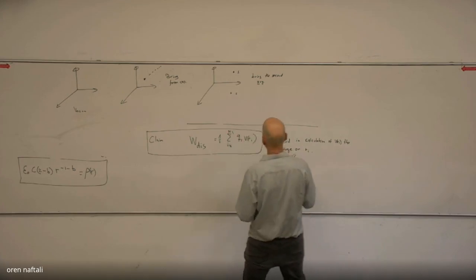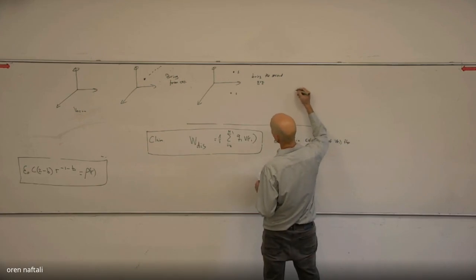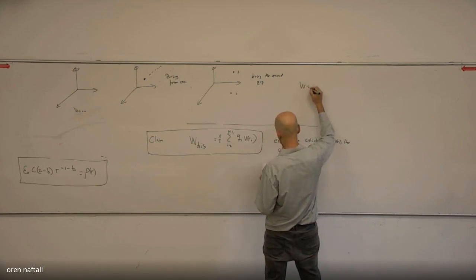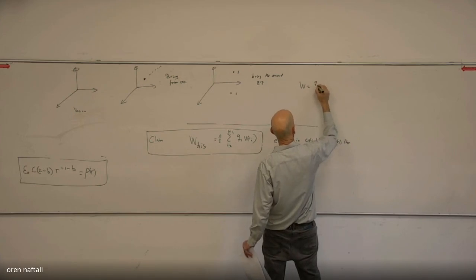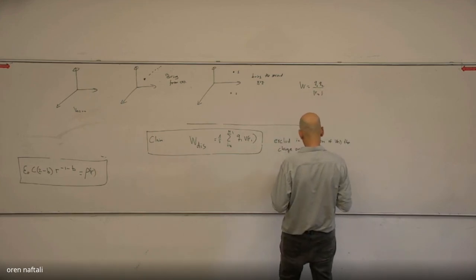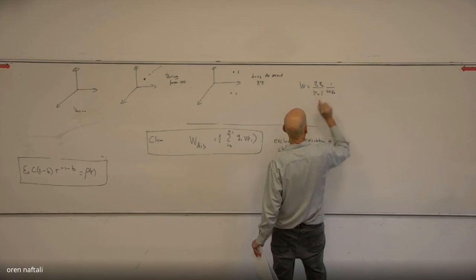So now we just want to explain this trick. So obviously, okay, what is the work here? This is obviously Q1. In this problem, it's very simple. Q2, R12, and you have the usual 4 pi epsilon 0.